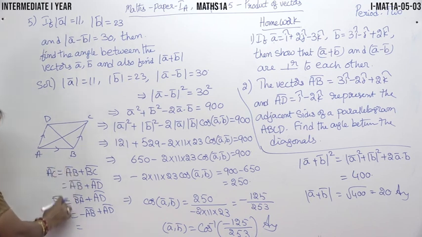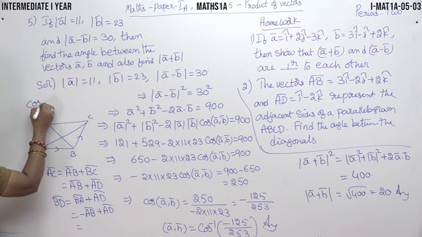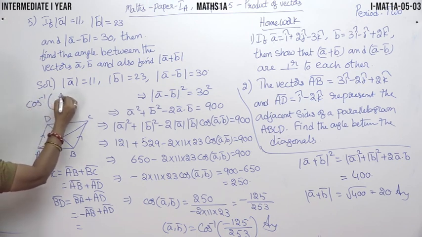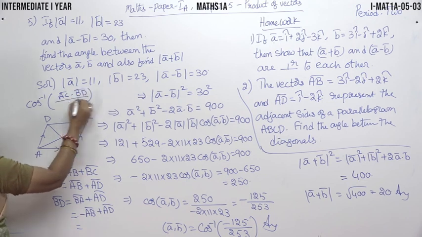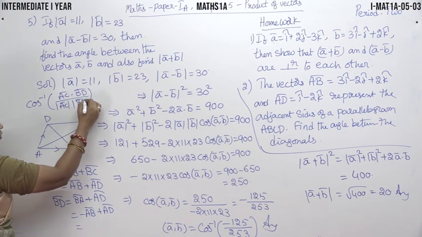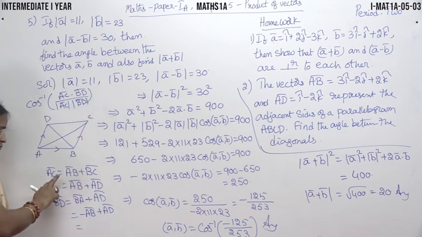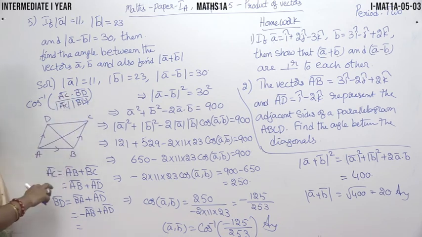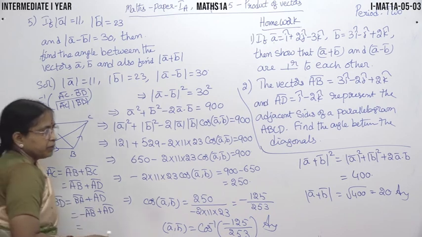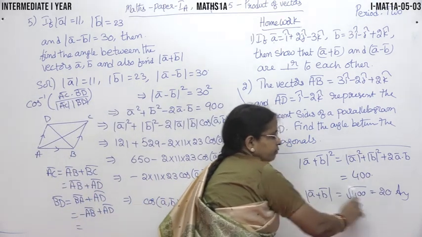Next, angle between AC and BD is given by cos inverse of AC dot BD by mod AC into mod BD. You know the formula. Angle between two vectors A and B is given by cos inverse of A dot B by mod A mod B. So like this you can try this problem. Please simplify, you will get the answer.